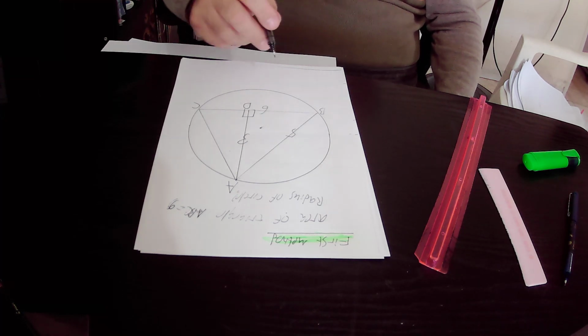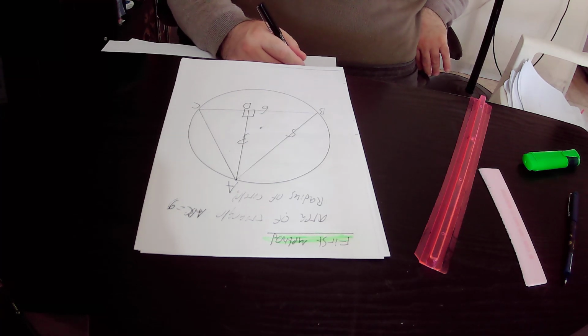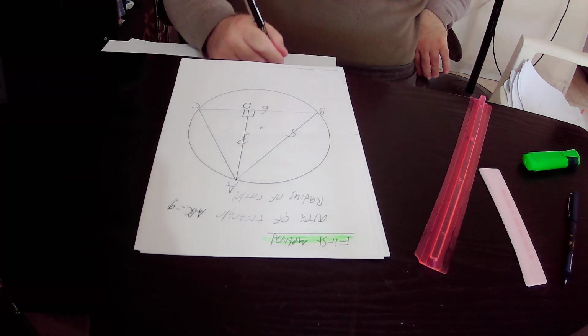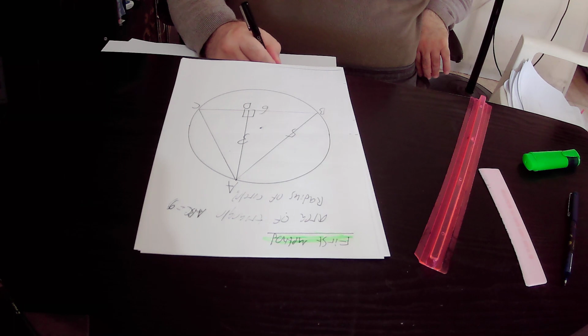The hypotenuse is AB, so the square of the hypotenuse is AB squared. That is equal to the sum of the squares of the perpendiculars, that is to say, AD squared plus BD squared.